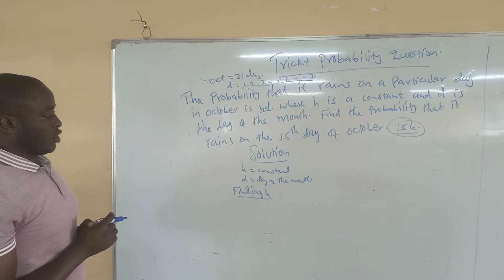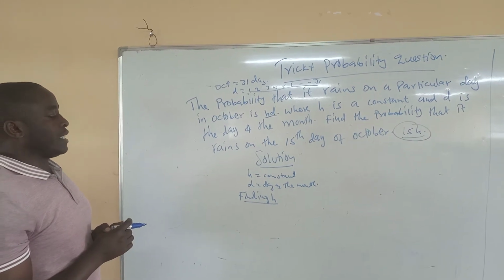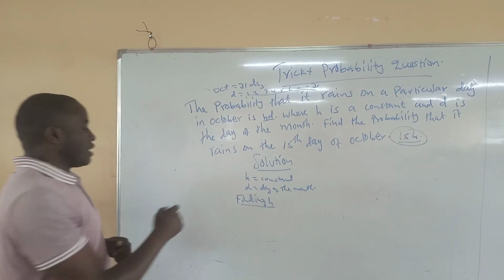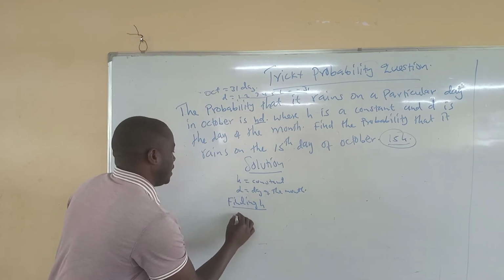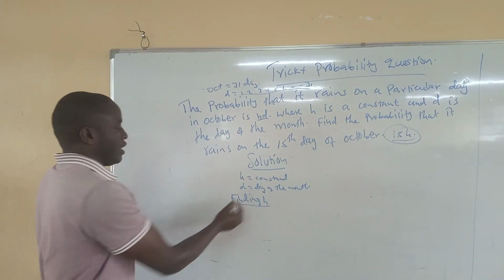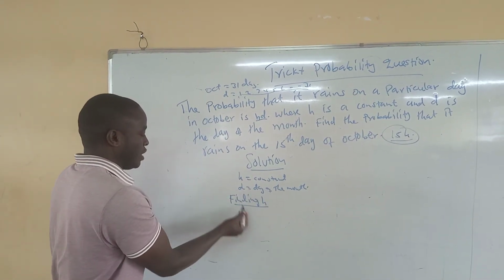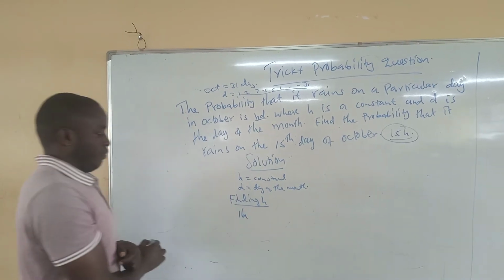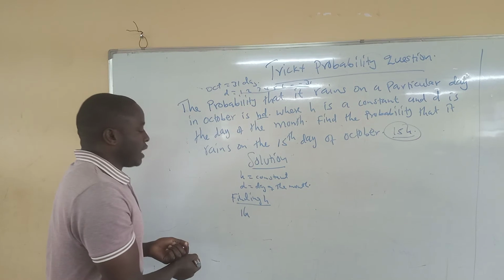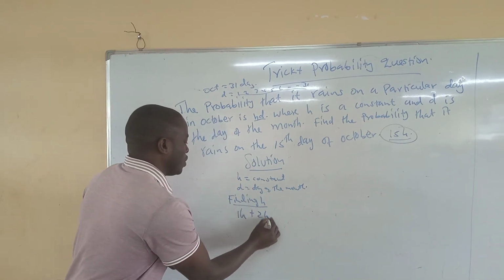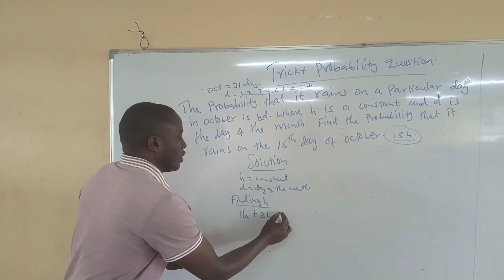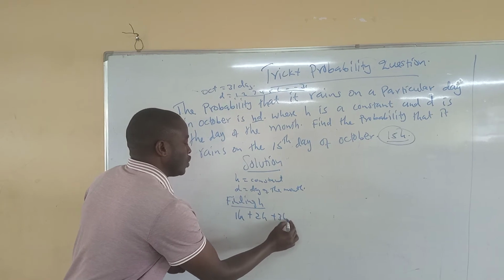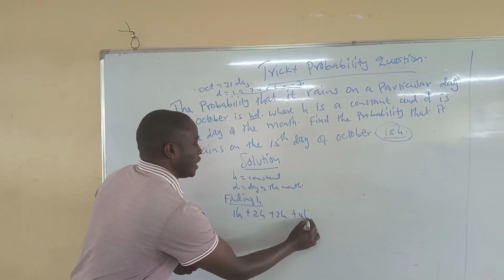H being a constant, the probability that it rains on the first day is 1H, because the first D will be 1, since it's HD. The probability that it rains on the second day is 2H, on the third day it is 3H, and on the fourth day it is 4H.